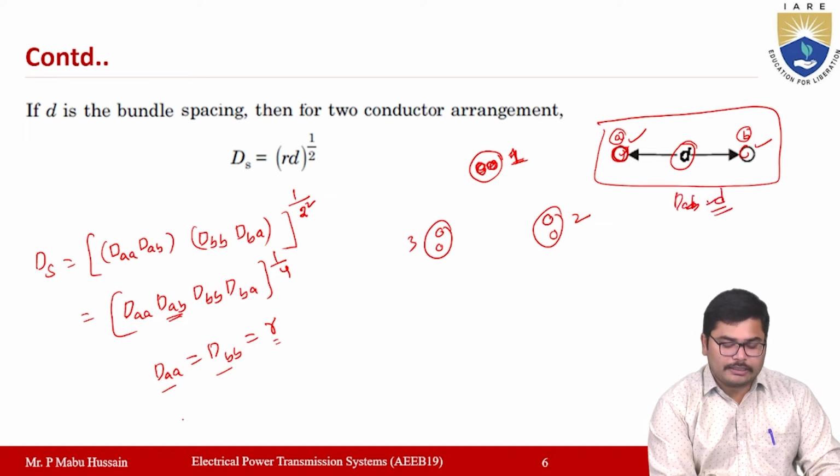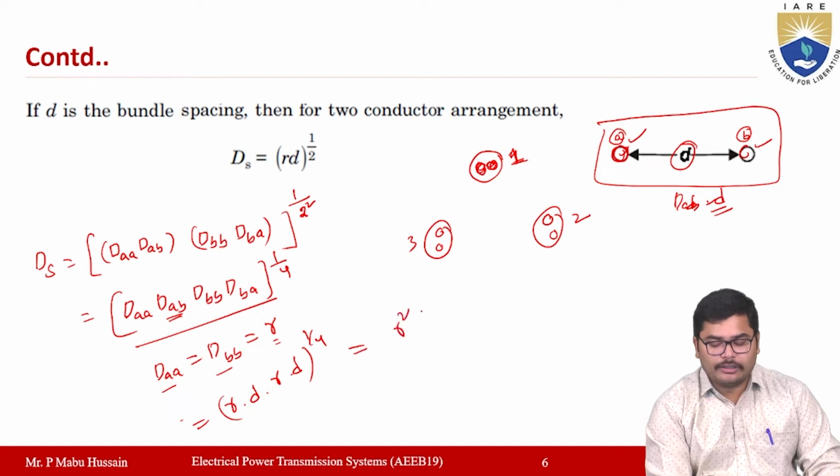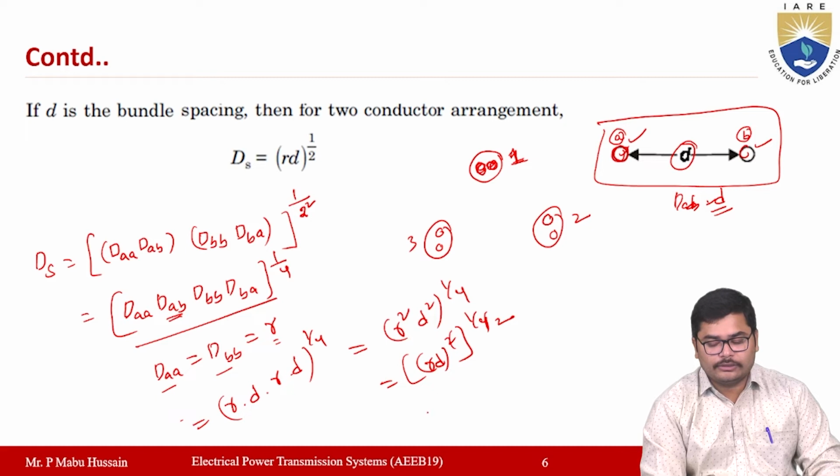So if you substitute this in this expression, DAA is R, DAB is small d, DBB is again R, DBA is again d, whole to the power of 1 by 4. So this can be written as R squared d squared whole to the power of 1 by 4, which is equal to (Rd) whole squared whole to the power of 1 by 4, and 2 twos I will get. So this will be equal to (Rd) whole to the power of 1 by 2.